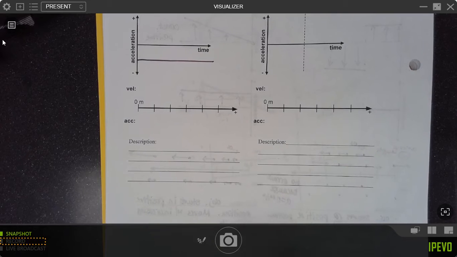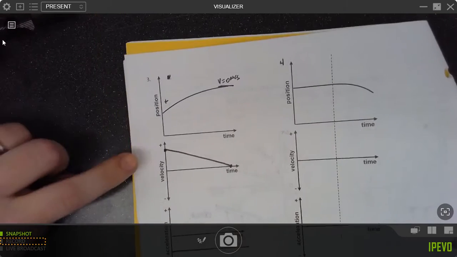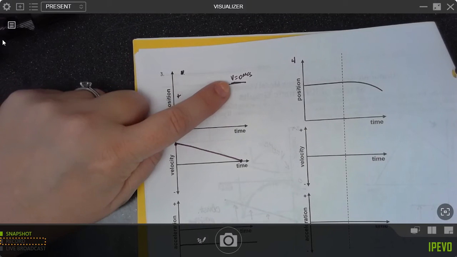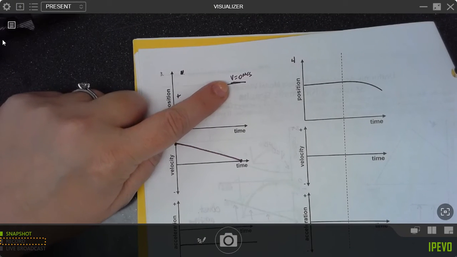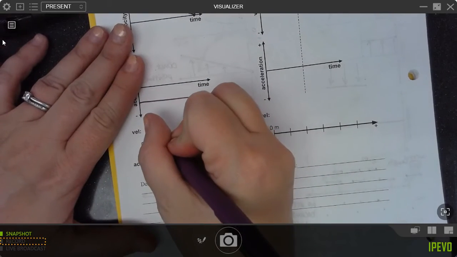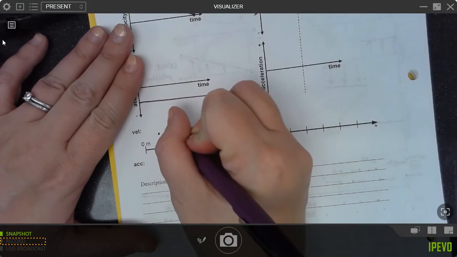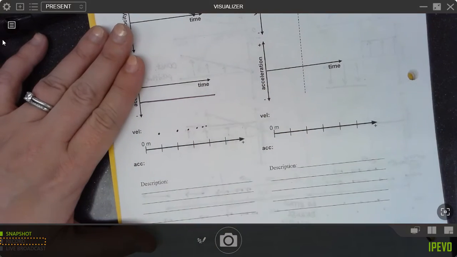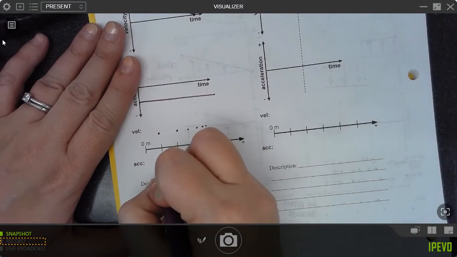To graph this, I'm going to start at a position that's a little bit past 0. I'm going to move in the positive direction, but my dots are going to get closer to each other because as time goes on, the displacement is less. So I'm going to start kind of spread out and then move them closer together. I'm going to copy them for my acceleration motion map.